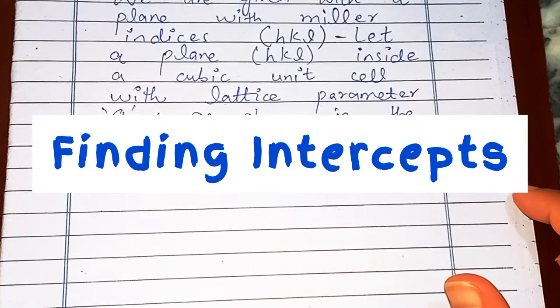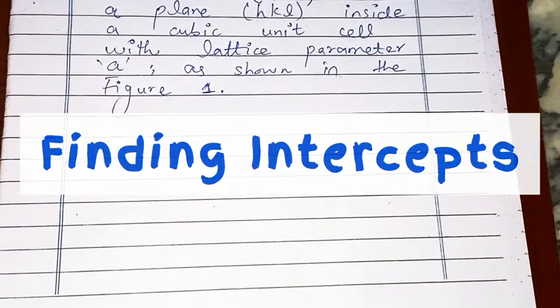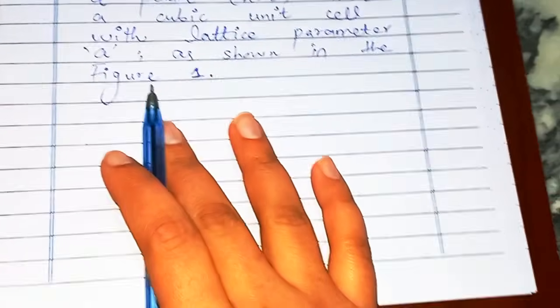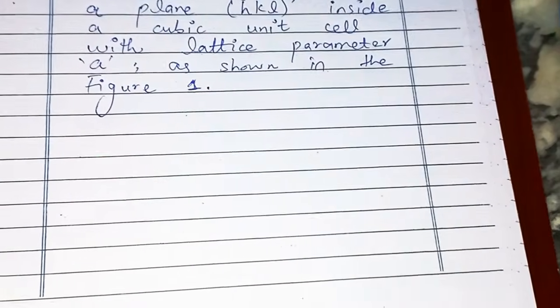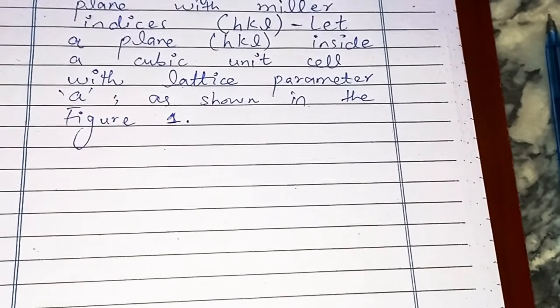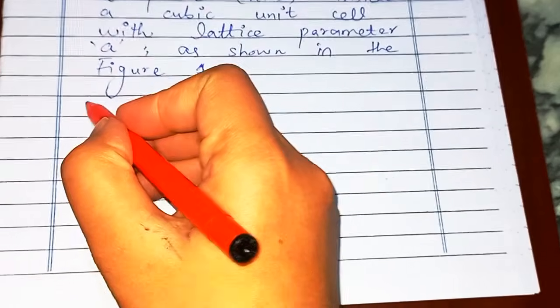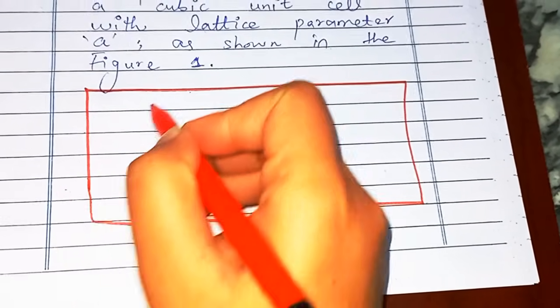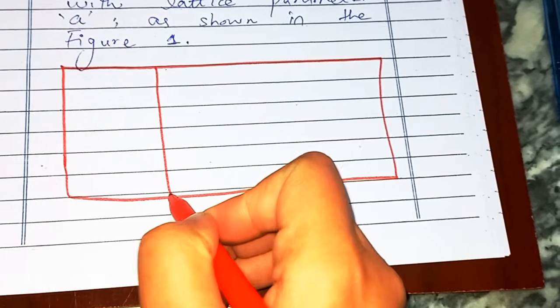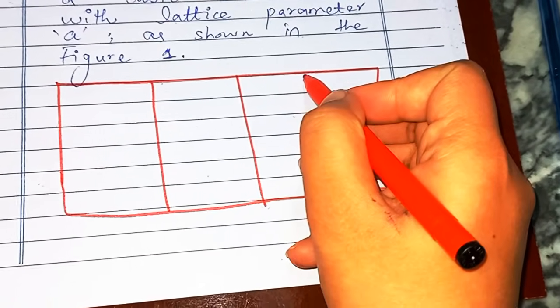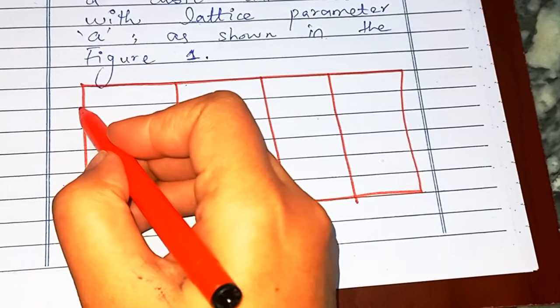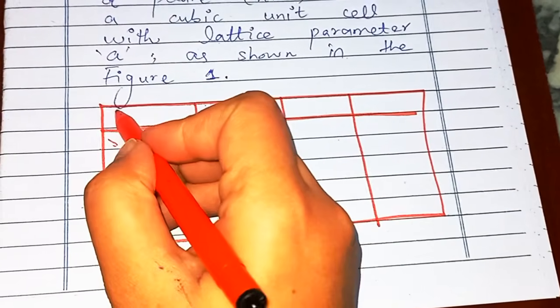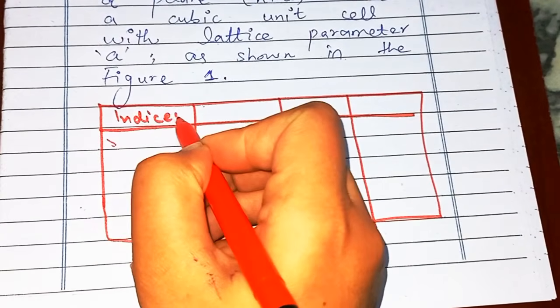So the first thing that we need to calculate is the intercepts that this plane makes with the x, y, and z axes. So let's calculate those intercepts, and I'm going to construct a table, which I always do because it looks presentable, and you are supposed to do this step in the exam because it's important. Here I'm going to mention the indices of the plane.